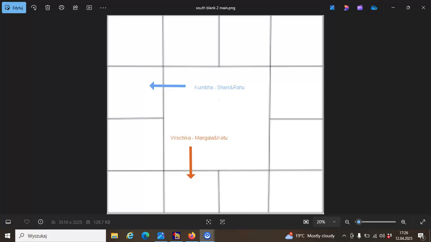Coming to the next rule: if Mangala and Ketu are alone in Rashis other than Rishika, then again the one with higher degrees is stronger. So, let's modify the picture. Mangala is in the sign of Makara at 27 degrees, and Ketu is in the sign of Mithuna at 12 degrees. Obviously, Mangala becomes stronger.